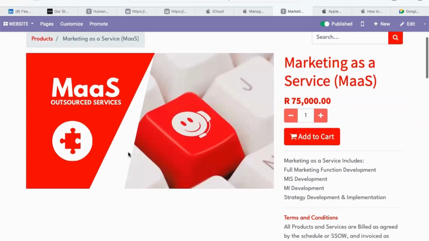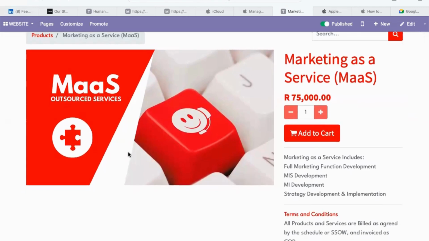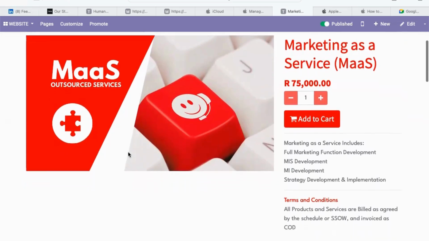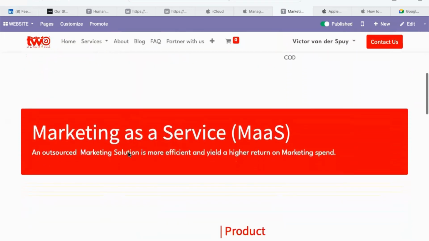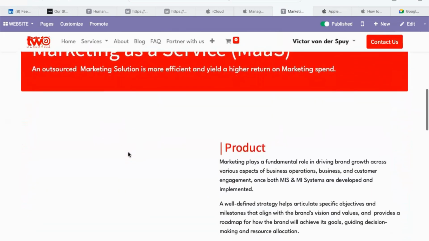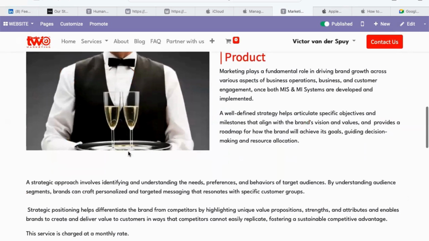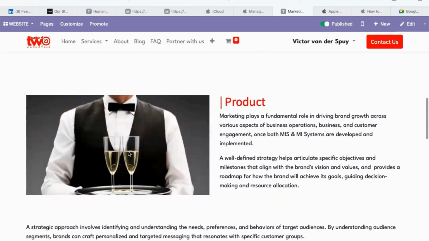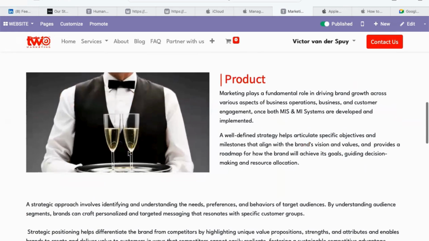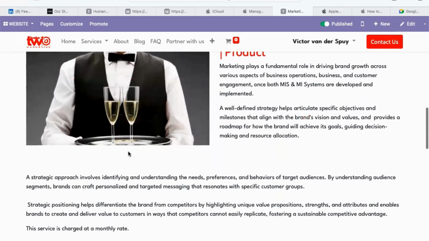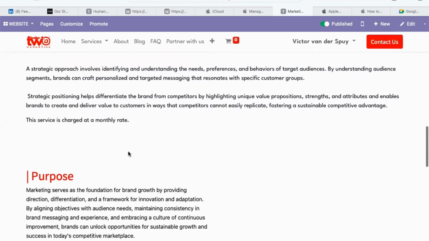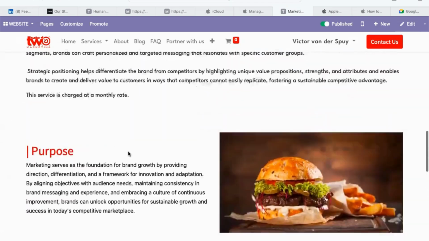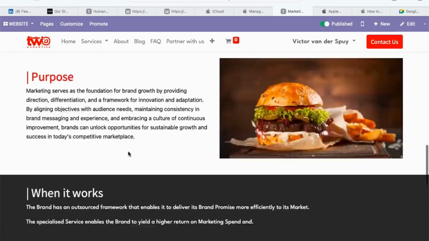Because if you look at the cost, it's impossible to run an entire marketing department on 75,000 rand. But we offer an outsourced solution that enables a client to run their entire marketing department as an outsourced service, where we manage that for the client and we undertake the entire functionality of a full scale marketing department. Right, so that is marketing as a service.